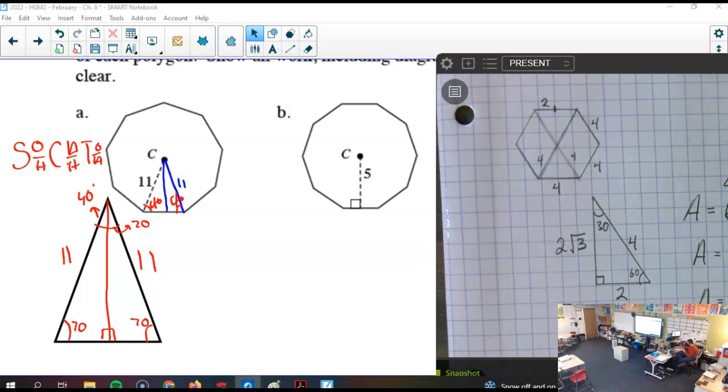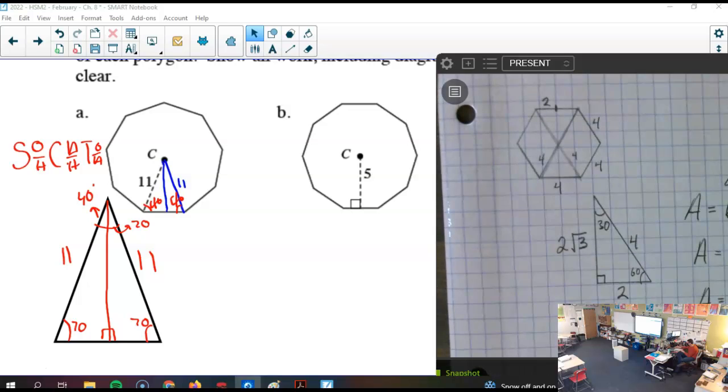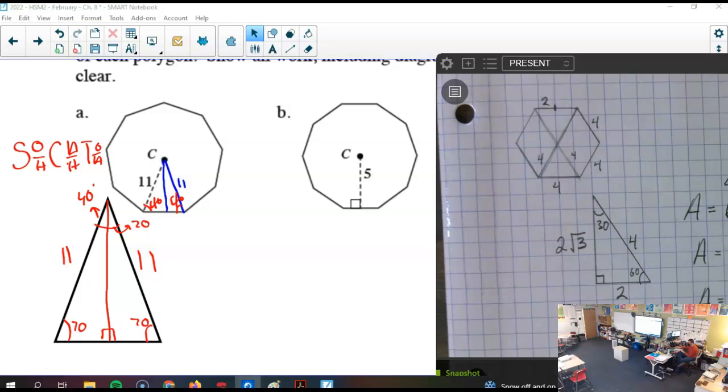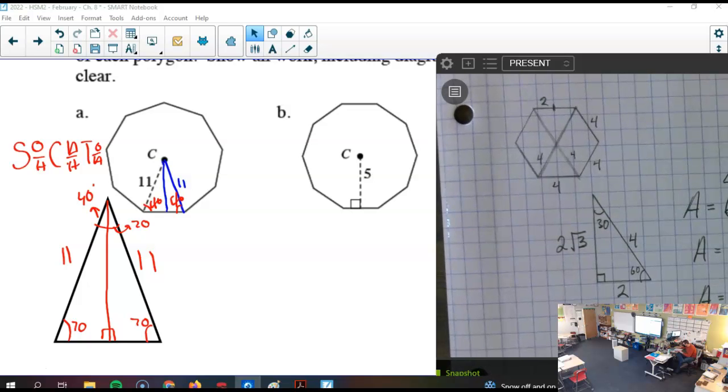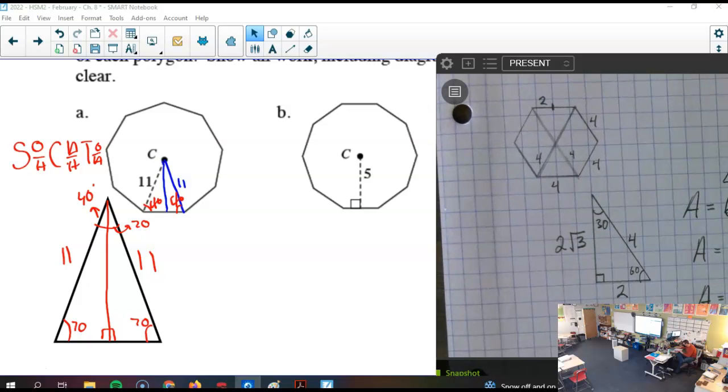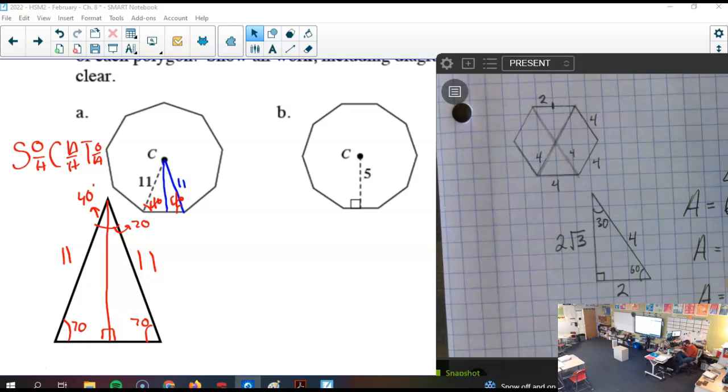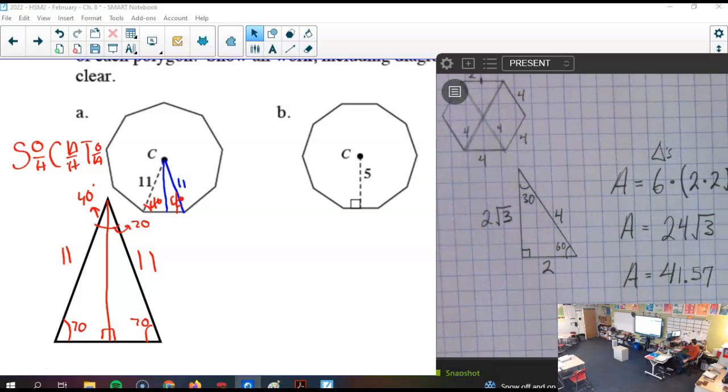I think I get like 41.6. Okay. And then, because 4 radical 3 is 6.93, and then you multiply that by 6. Oh, I know what it is. Times 6, 41.57.